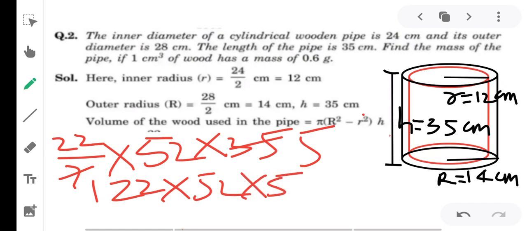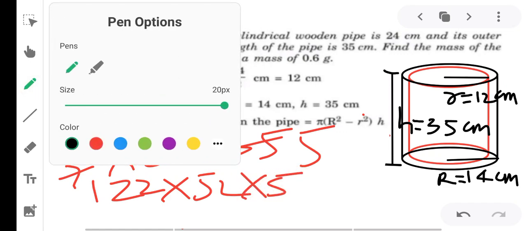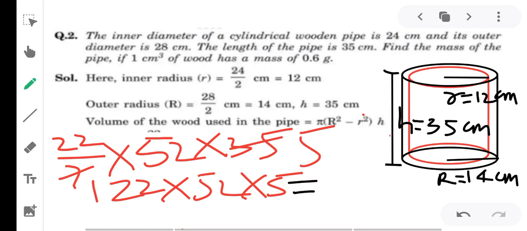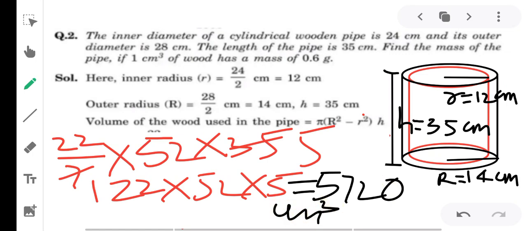So the final value, जो फाइनल वैल्यू हमको यहाँ पर मिलने वाली है वो होगी 5720 सेंटीमीटर क्यूब, क्योंकि वॉल्यूम का जो यूनिट है वो कितना होता है, सेंटीमीटर क्यूब. सो 5720 ये हमारा वॉल्यूम होगा.